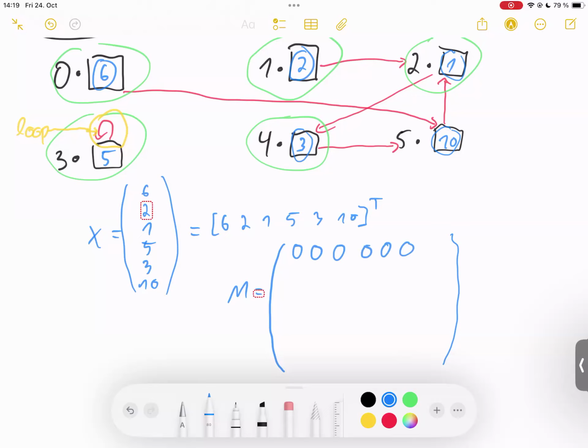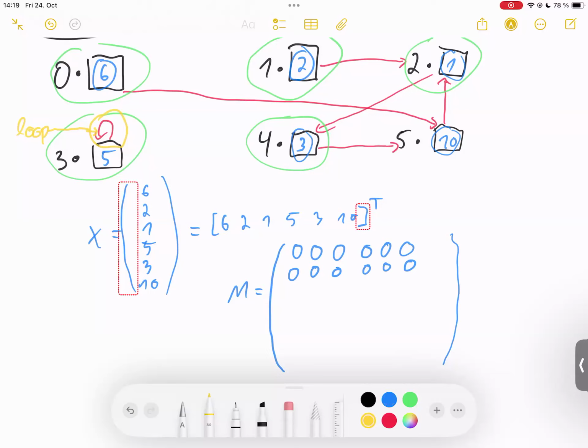Now, position 1 also has no incoming edges, so it would also all be 0. Position 2 has two incoming ones, one from position 1 and one from position 5. What we can add here on top are some comments.